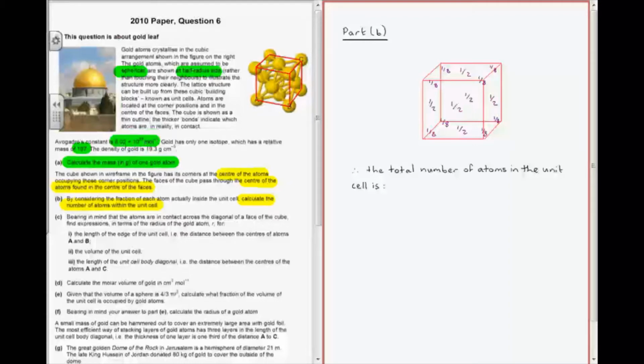Knowing this information, we can very quickly add up that the total number of atoms inside the unit cell is equal to 1/2 of an atom on each of the 6 faces, plus 1/8 of an atom on each of the 8 corners, which, if we do that sum, gives a total of 4 atoms inside the unit cell.